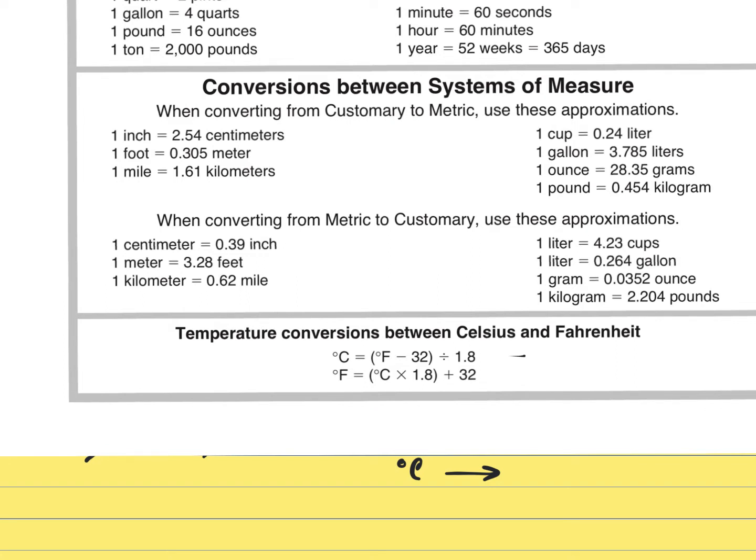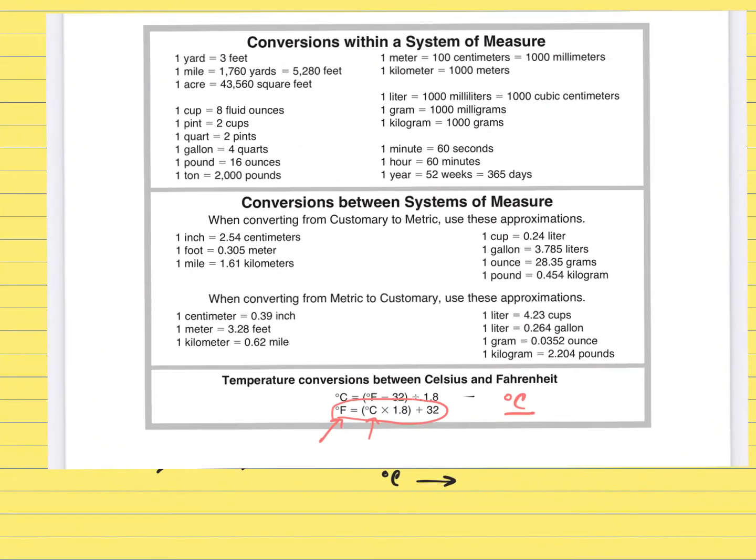You have to analyze. What do you have? I have degrees Celsius. So I'm going to look at the formula that has degrees Celsius inside the formula and is giving me as the output the Fahrenheit. So this is the one that I'm going to use. Okay? So going back to my problem.